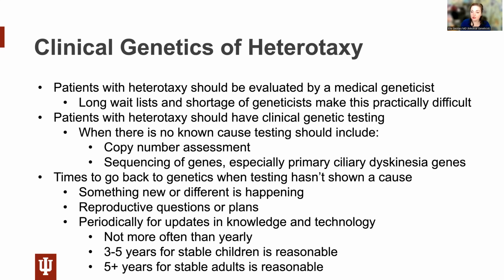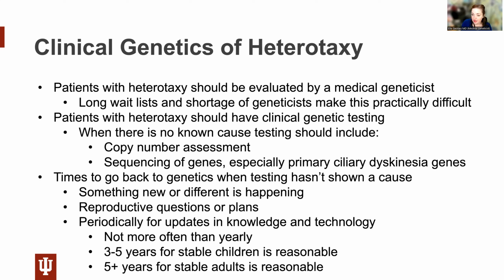And there are times to go back to genetics when you've done all the testing and there hasn't been a clear answer. Is something new or different happening? Like the example I used of hearing loss. Reproductive questions or plans. You know, my youngest with heterotaxy is now 3, we're thinking about having another baby, or we're already pregnant.